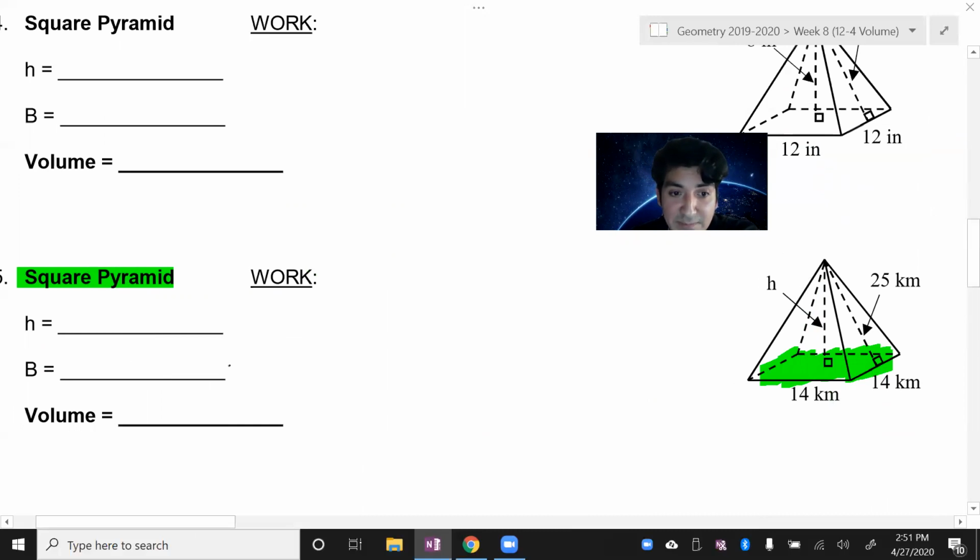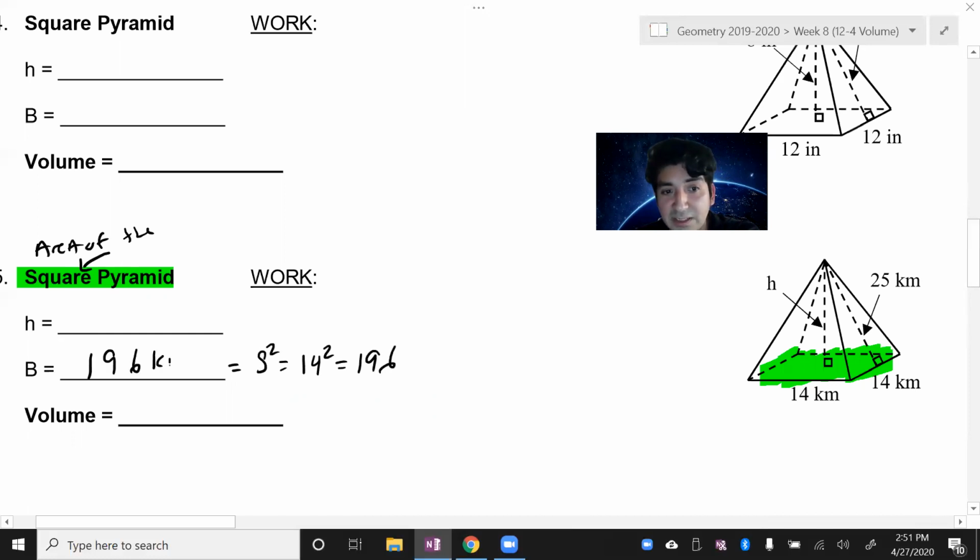For the base, I have to find the area of this square, so it's s squared, which is 14 squared, and 14 squared is 196 kilometers squared. Hopefully that was the easy part.